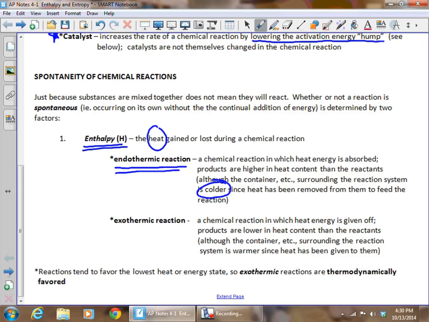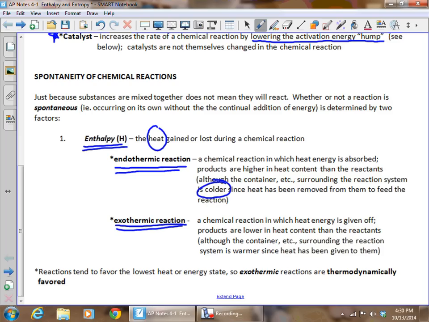So think about that. Exothermic reactions, heat exit. Heat is given off in this type of a chemical reaction. Products are lower in heat content than the reactants. The container, again, if we've got a system that's giving off heat, the substances themselves are lowering in heat content, but they had to give the heat away to something.